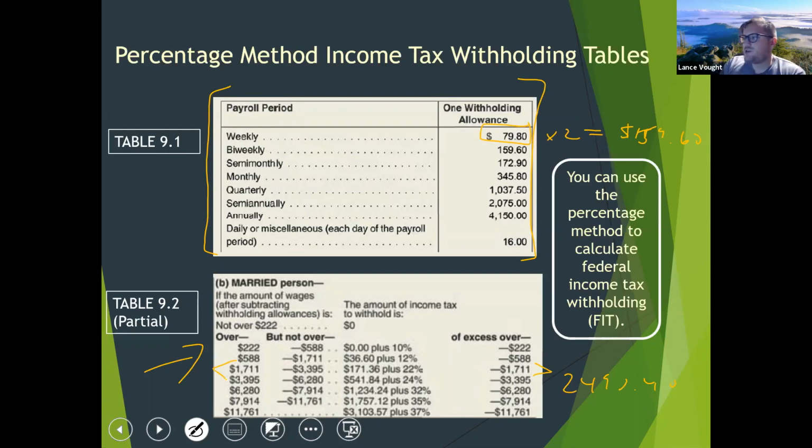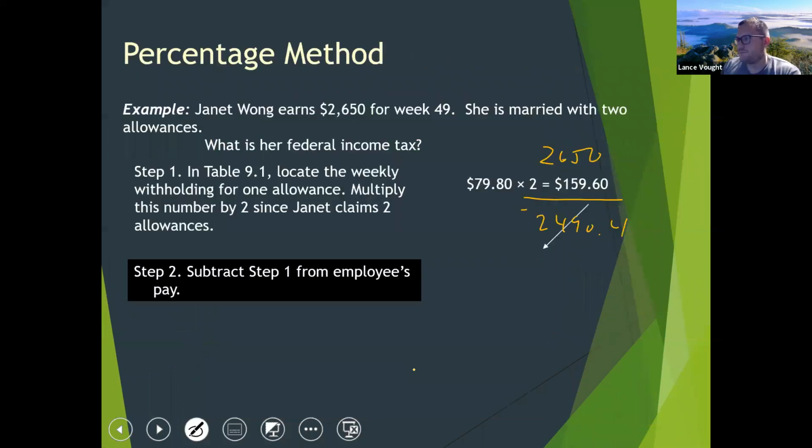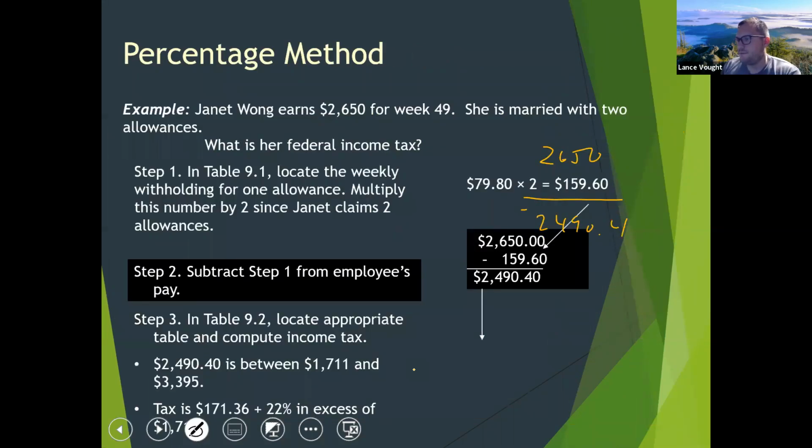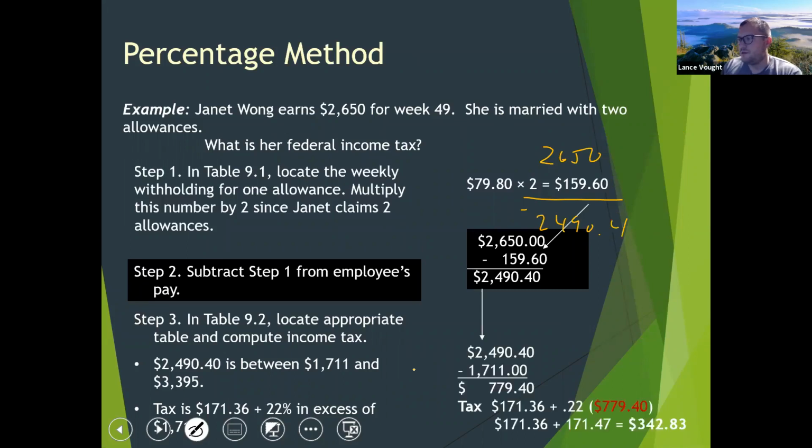We can also subtract $1,711 to determine that she's going to have to pay $778.60 at this 22% rate. Sorry, I was off by $1, $779.40.